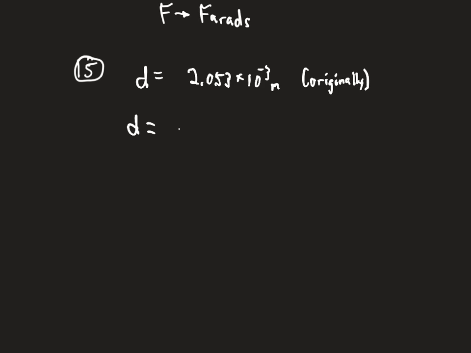So that's 2 times 2.053 times 10 to the minus 3 meters. That's your new diameter, which means you have a new radius.